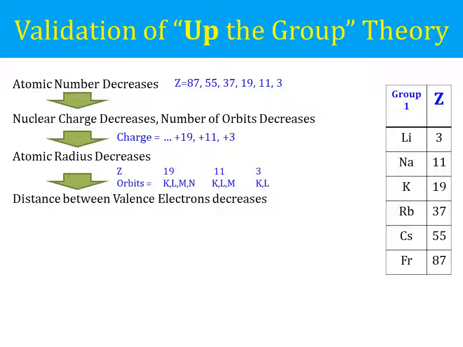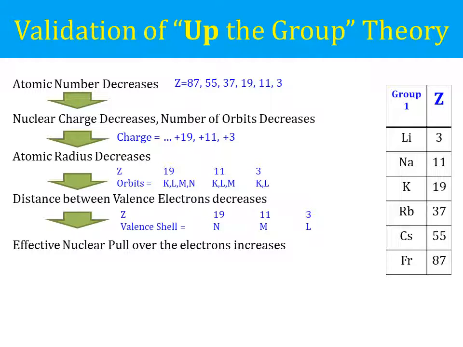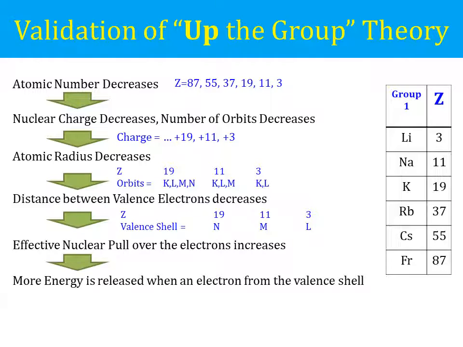And if the atomic radius decreases, then the distance between the valence electrons and the nucleus will decrease, and the effective nuclear pull increases. If the effective nuclear pull on the electrons increases, then more energy is released when an electron is added to the valence shell.